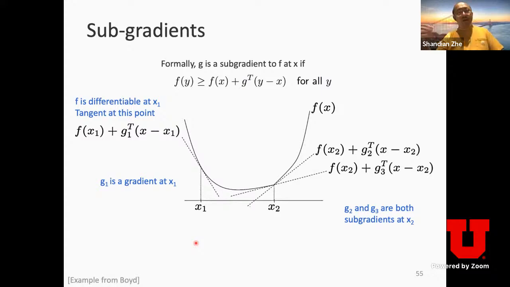Then we define the slope of such a line as the so-called subgradient. We can use the subgradient to perform updates. There's no influence on the convergence guarantees and so on.